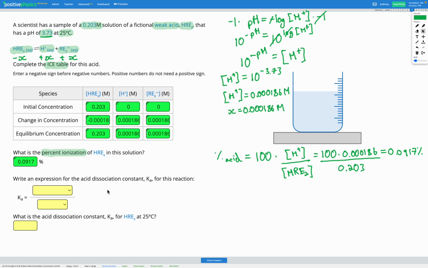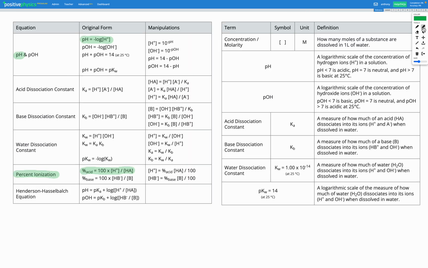Okay, our last step is going to be finding our acid dissociation constant. Let's head to our reference sheet. Here's the acid dissociation constant. Ka is equal to the concentration of H+ times the concentration of A- divided by the concentration of HA.